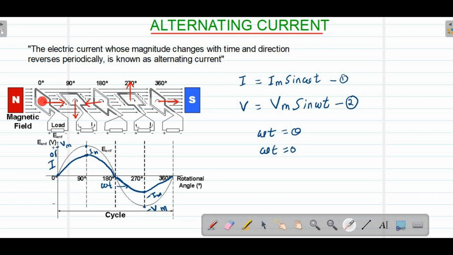If a soft iron core is used here, then the value of Vm will be maximum. But V and I keep on changing every instant of time.